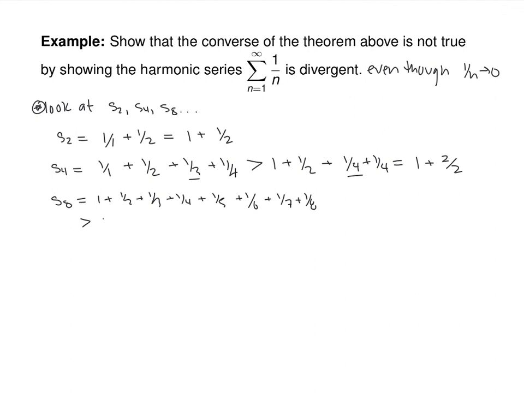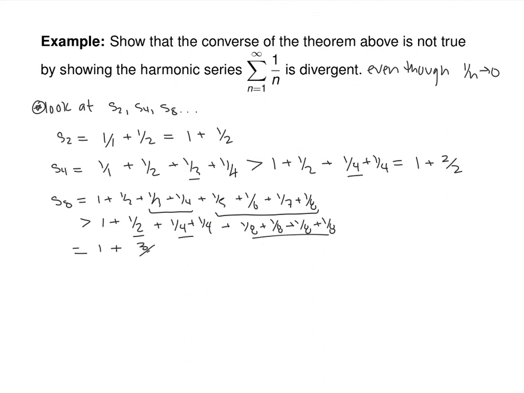That's bigger than 1 plus 1/2. The 1/3 plus 1/4 is bigger than a quarter plus a quarter. And this next part is bigger than an eighth plus an eighth plus an eighth plus an eighth. And that equals 1 plus 1/2, 1/2, 1/2, which is 1 plus 3/2. So using the same pattern, we're going to end up with the fact that S16 is bigger than 1 plus 4/2.